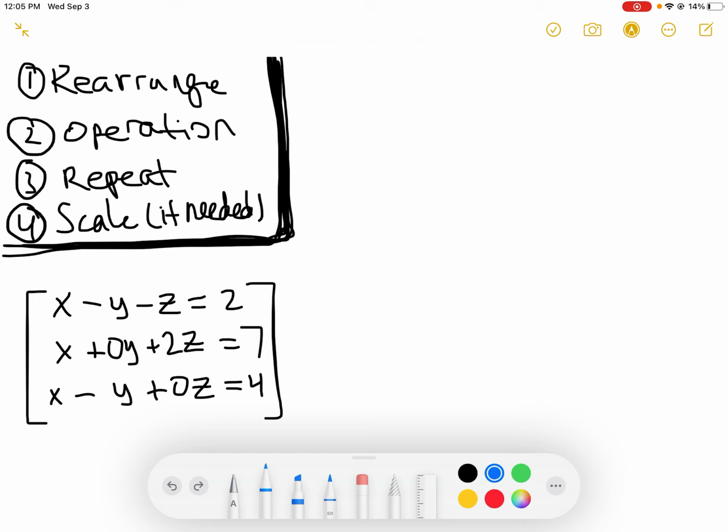Now, step 2, operation, that just means you're going to do an operation, starting basically with the leftmost variable. So that's going to be x. We're going to do something that's going to cancel out all the x's except for 1, obviously.